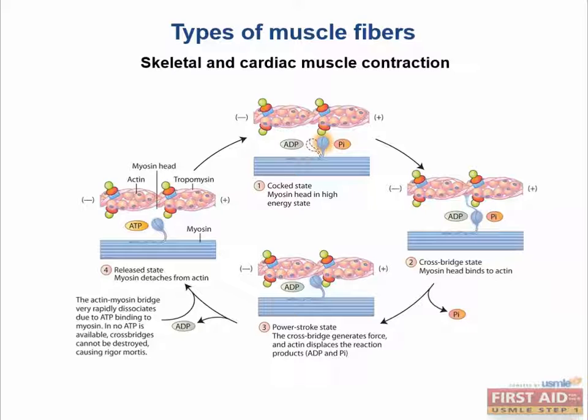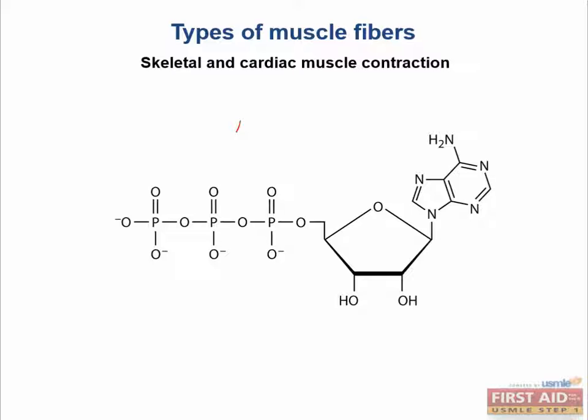What do you think is the molecule that can recharge our wasted myosin? It's ATP. An ATP molecule, if available, will rebind the myosin molecule and cause a conformational change so the myosin releases the actin. Think of the T in ATP as standing for terminate, as in it terminates the connection between actin and myosin.